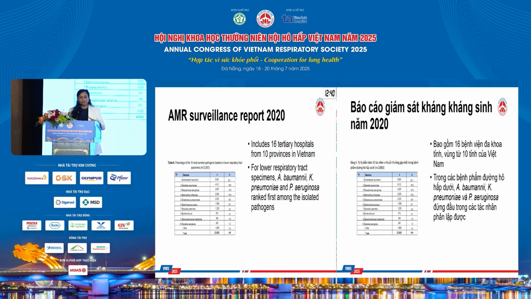And what we have seen here is that the organisms grown are very different to what we normally see. So you get Acinetobacter baumannii, which is a very resistant organism. The Klebsiella pneumoniae are also quite resistant, and Pseudomonas ranked amongst the most commonly isolated pathogens.